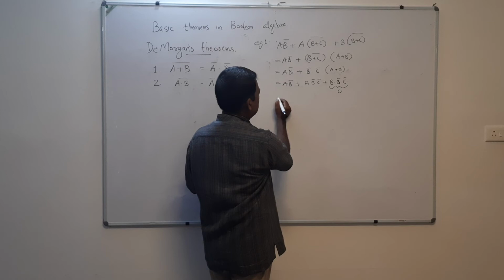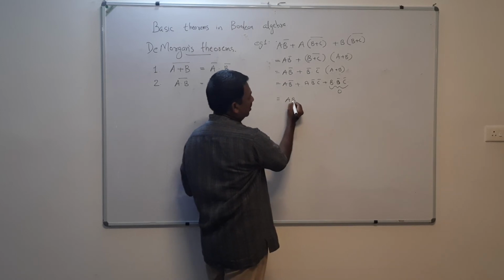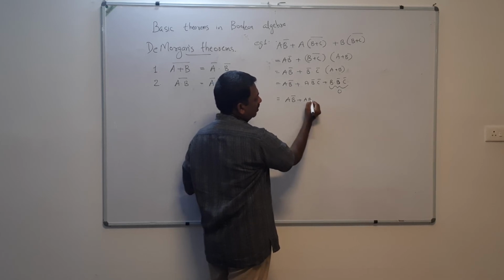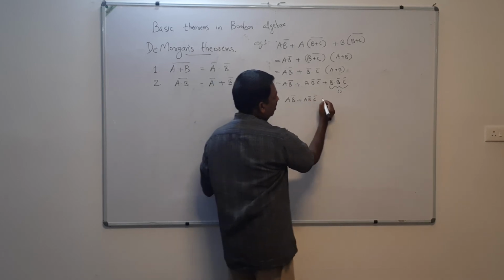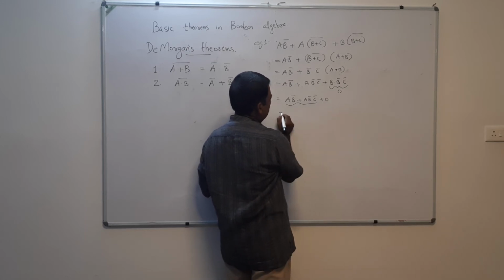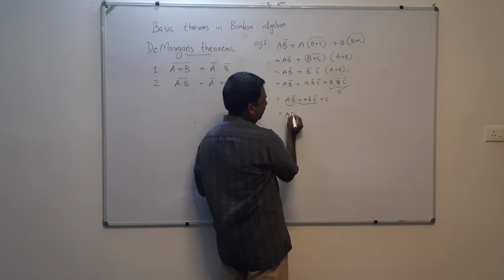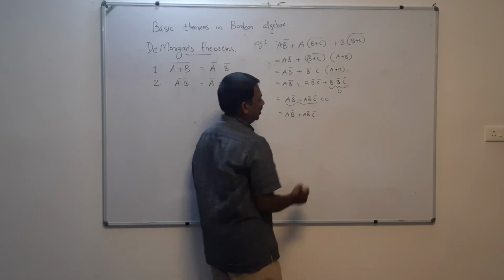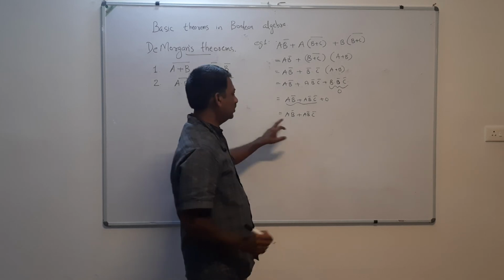Then this becomes AB bar plus AB bar C bar plus 0. That means this becomes AB bar plus AB bar C bar. AB bar is common for these two.